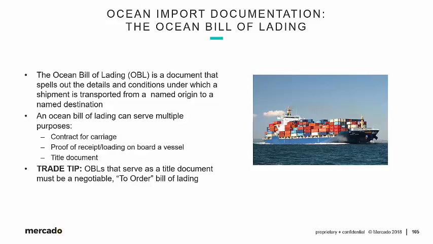We'll say in our trade tip that in order for an ocean bill of lading to serve as a title document, it must be what is referred to as a negotiable to-order bill of lading. That's a little beyond what we're going to discuss here. But original hard copy ocean bills of lading can serve as a title document if they're filled out in the consignee box where it says to order.